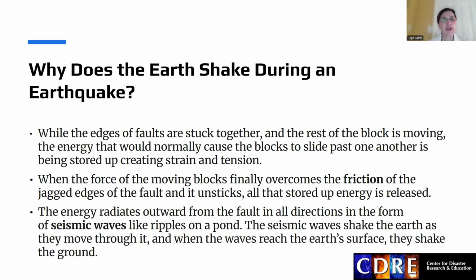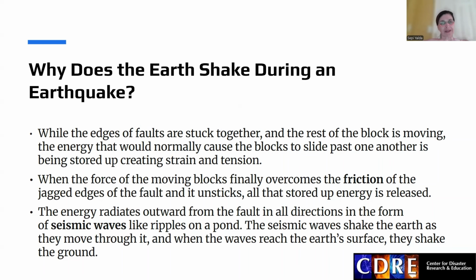Now that we have a feel for what an earthquake is, what the different types of earthquakes are, and how those movements along the boundaries of the plates and the faults contribute to the development of motion on the surface of the earth, why is that shaking created? Just like we saw in all of those different types of faults, the edges of faults are stuck together while the rest of the block is moving.